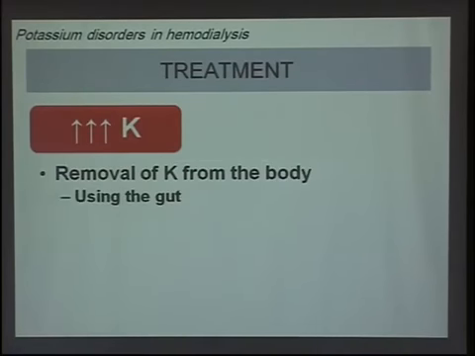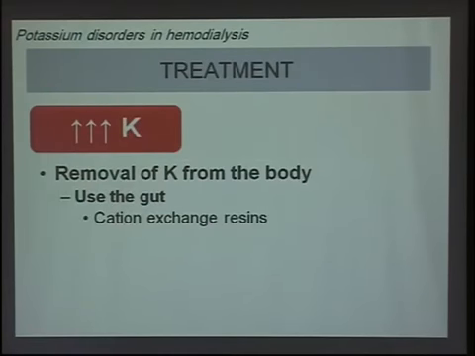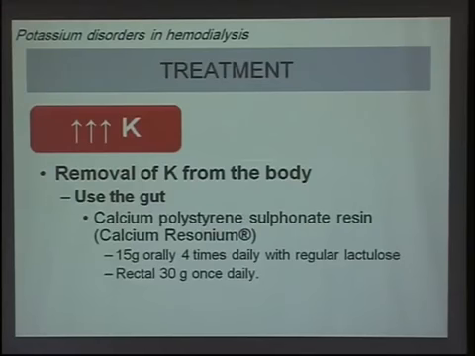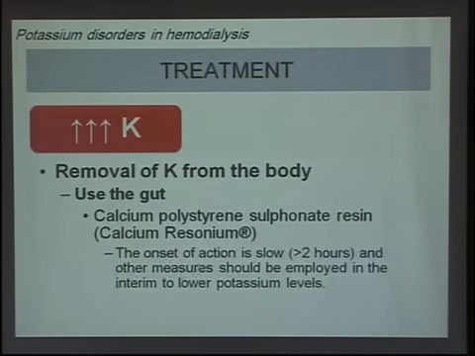Still, we can use the gut, through cation exchange resins, which I have just talked about, to treat hyperkalemia, and here the dose is higher than the prevention dose. But unfortunately, onset of action is slow.